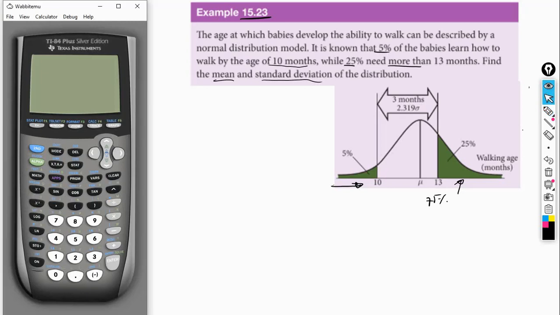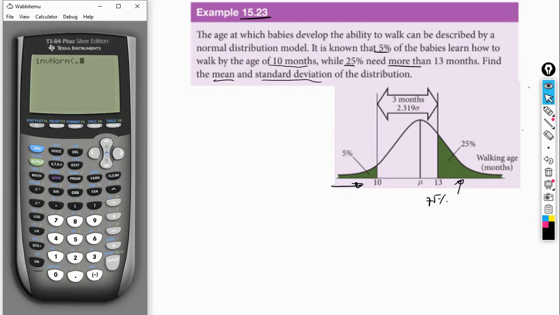So let's go to the GDC, and we're going to use the inverse norm. So here we need to find out for 5%, and we're going to standardize. So we're going to find the z value or the z-score for 5%.